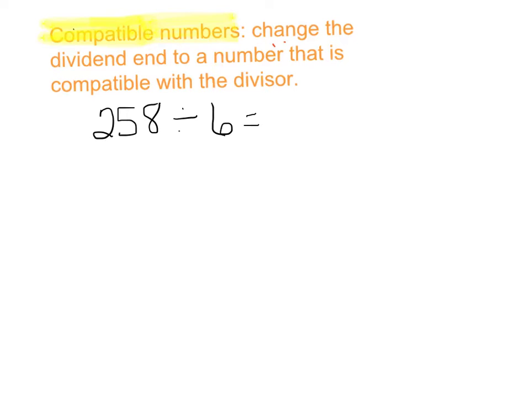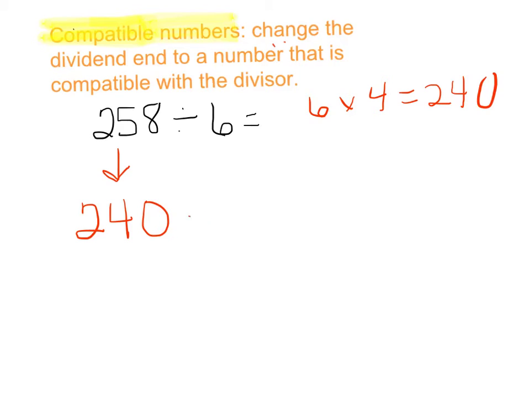I'm going to think about my multiples of 6, and I know that 6 times 4 is 24. So 24 is very close to 258, or 240 if I added a 0. 240 would be close to 258. So I'm going to change 258 to a compatible number of 240 so that I have 240 divided by 6.